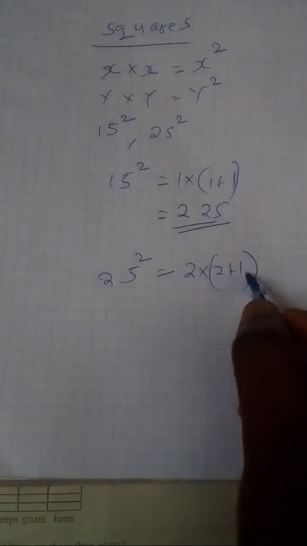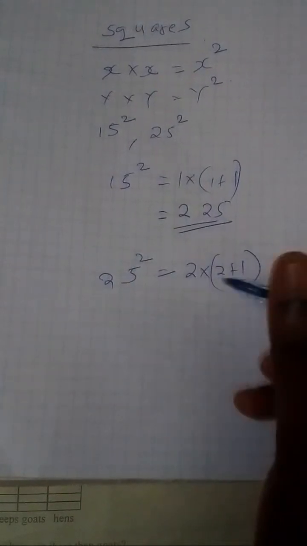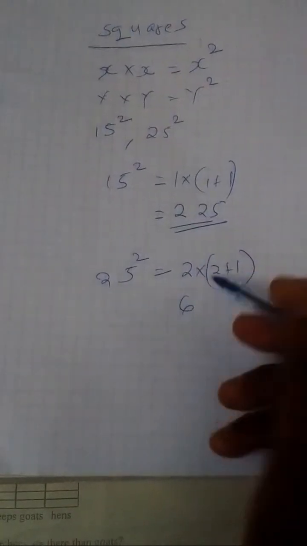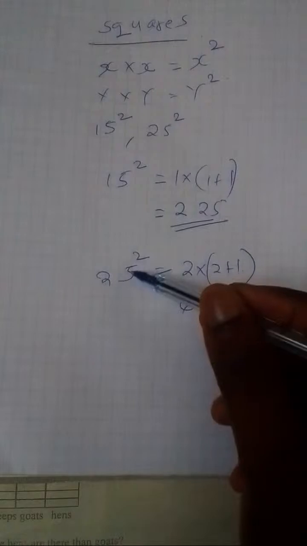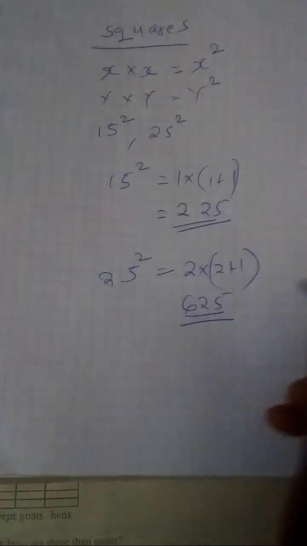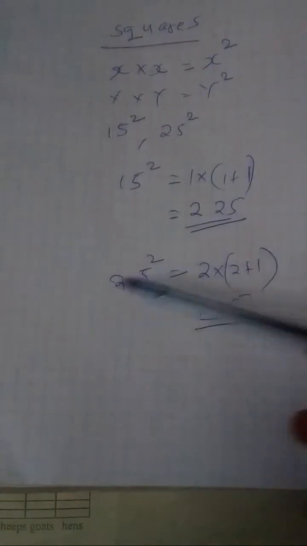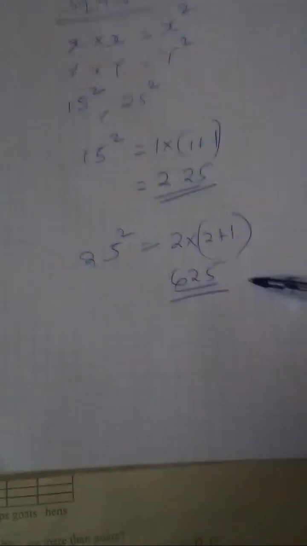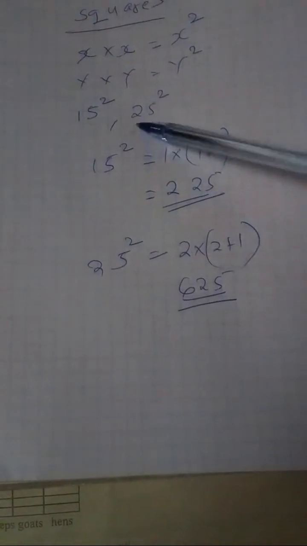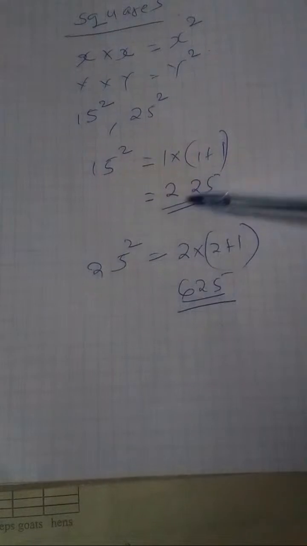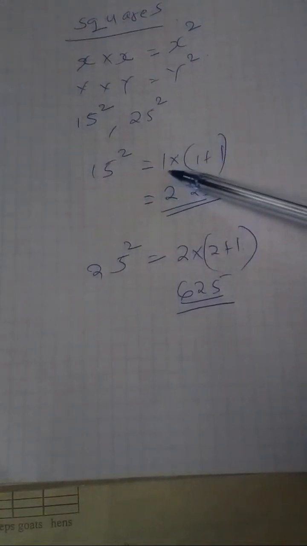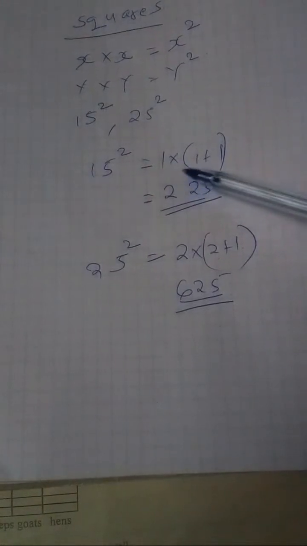So 2 plus 1 is 3, and 3 times 2 is 6. So we shall have 6 here. And 5 alone, 5 squared is 25. So the answer becomes 625. So 25 squared becomes this. It's a shorter method of working these ones out. Then the same way as 15 squared, this one is the first digit, that is 1, multiplied by 1.